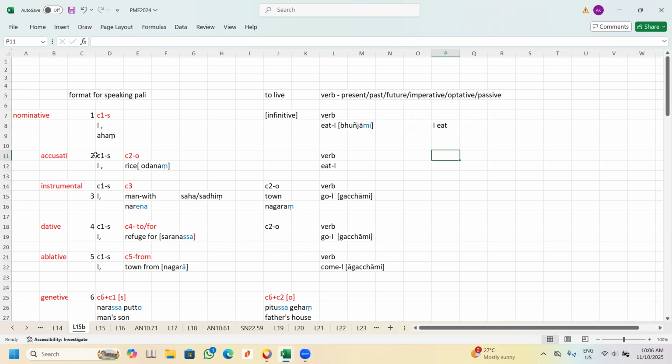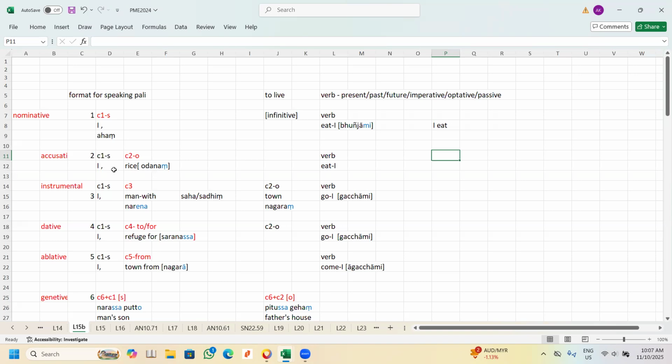Then you look at the accusative. In the accusative, normally the object will be put using a declension, odanang, for instance, rice. Then the verb will be there. If you read the reverse way, it is "I eat rice". You see, this is really, really reverse.